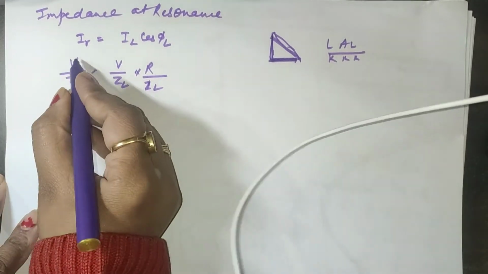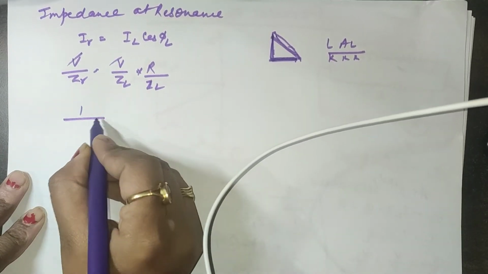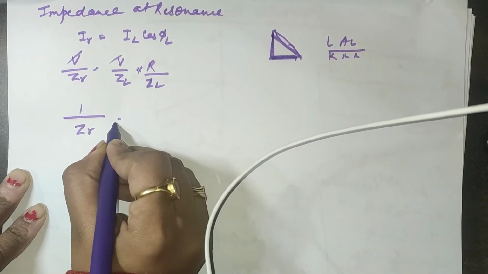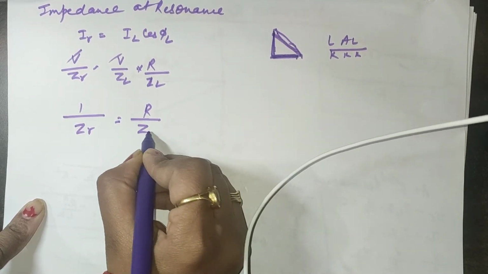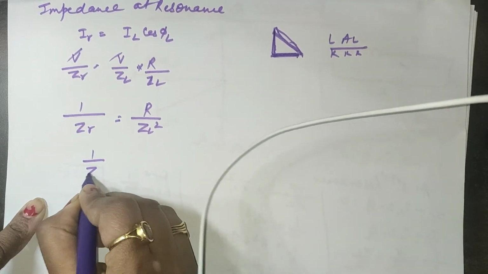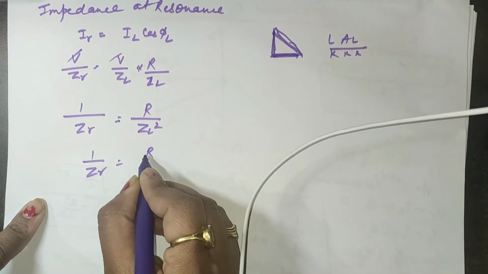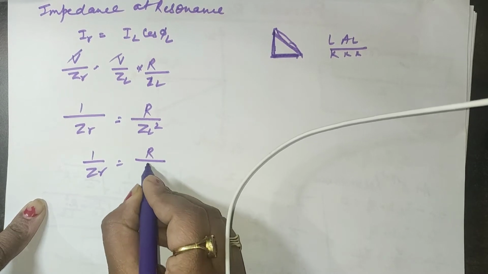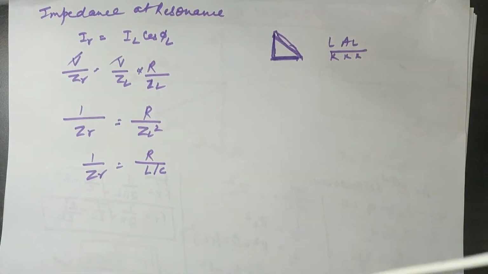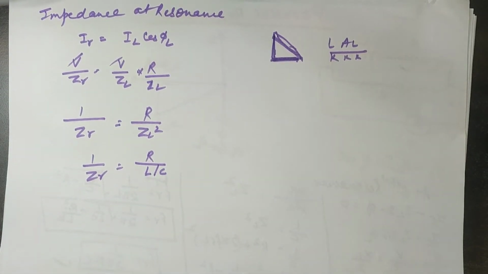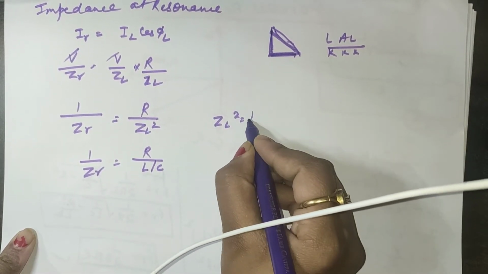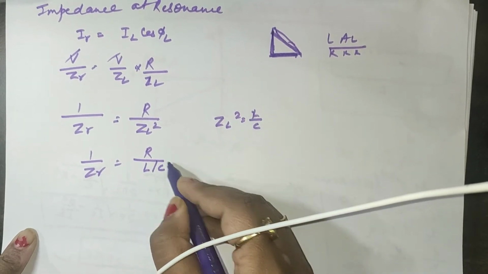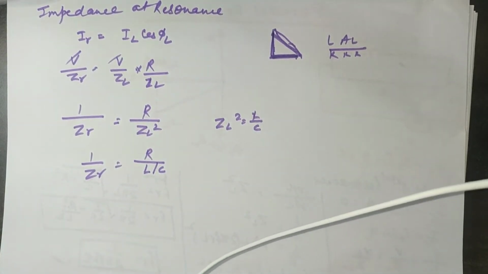Here V cancels, so 1 upon ZR equals R upon ZL square. So 1 upon ZR equals R upon L upon C, that is ZR, because ZL square equals L upon C, from the earlier equation.